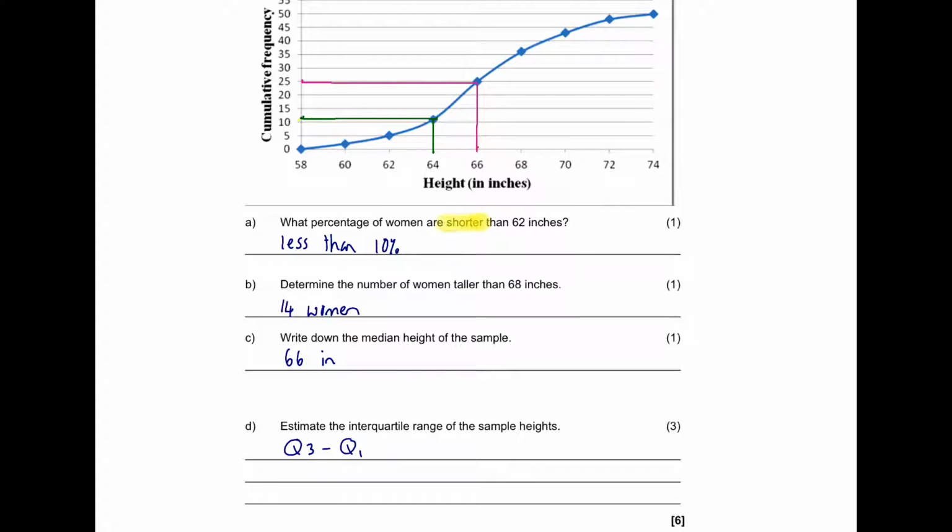So 37 and a half round about here, read across to the graph and down to the x-axis, and we get 68 or 69. We'd accept both of those. So that means we've got 69 minus 64, which is an interquartile range of 5 inches.